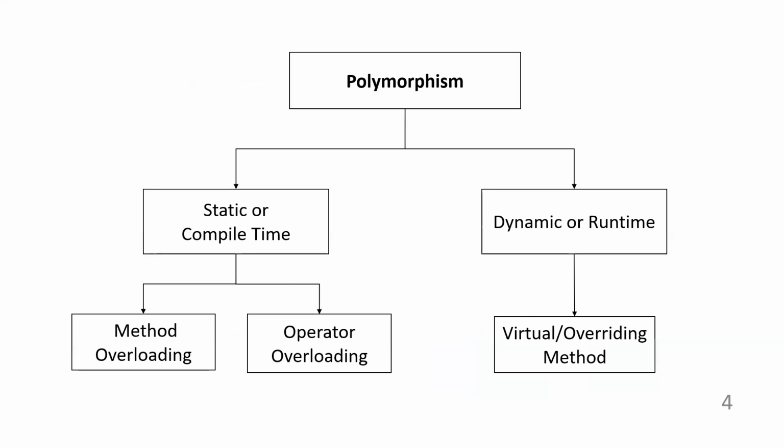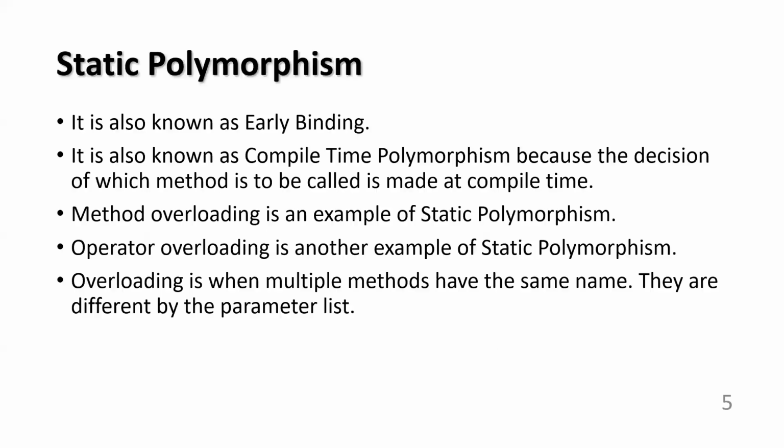We have static or compile time polymorphism, and we have dynamic or runtime polymorphism. Static polymorphism, they call it early binding as well. And dynamic polymorphism, they call it late binding.